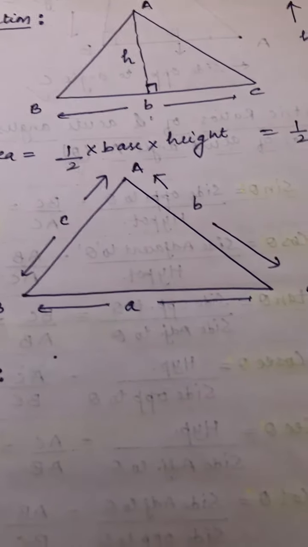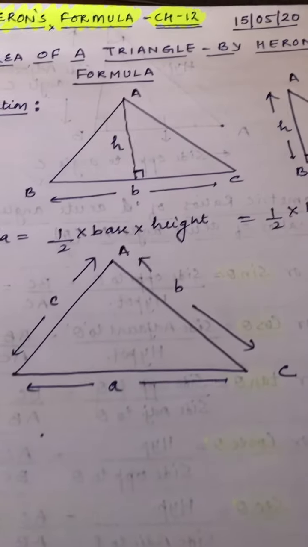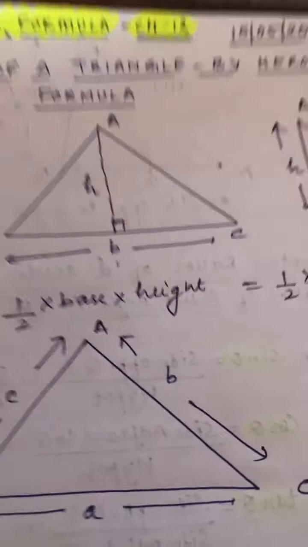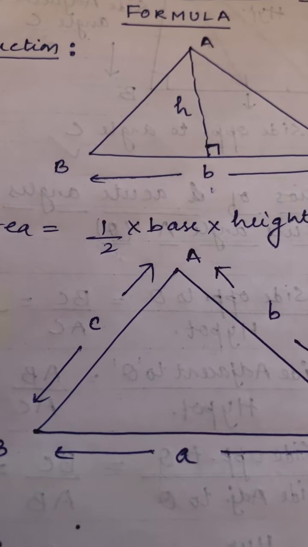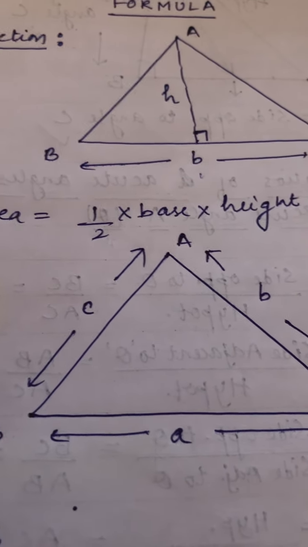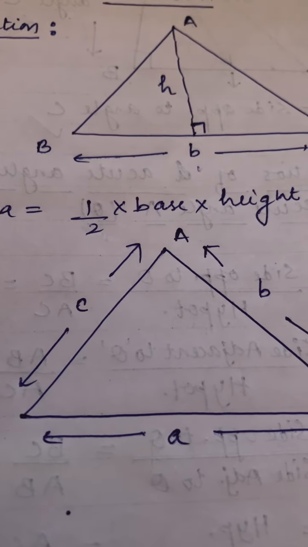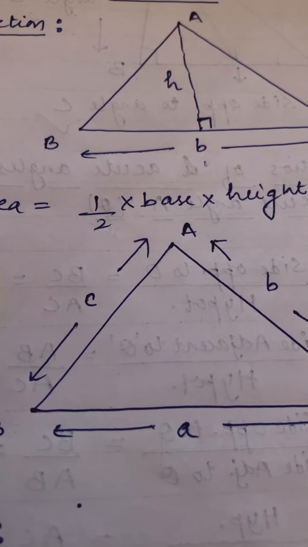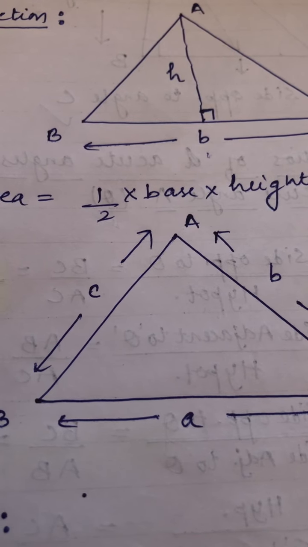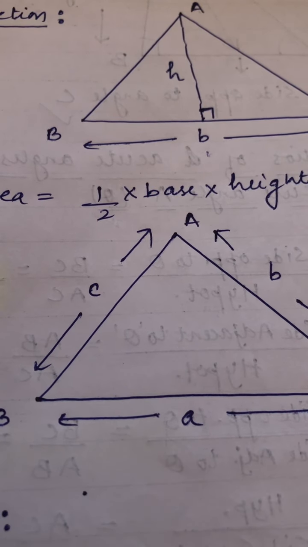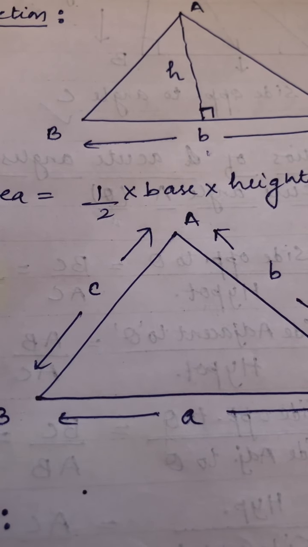So Heron has given a formula for a triangle when all its sides are given. That means the height is not given to us. So he gave a formula for finding out area of triangle when all its sides are given. Heron was born in about 10 AD in Egypt, and his works on mathematics and other subjects are considered to be the most important works, and his work generally deals with the problems on mensuration.